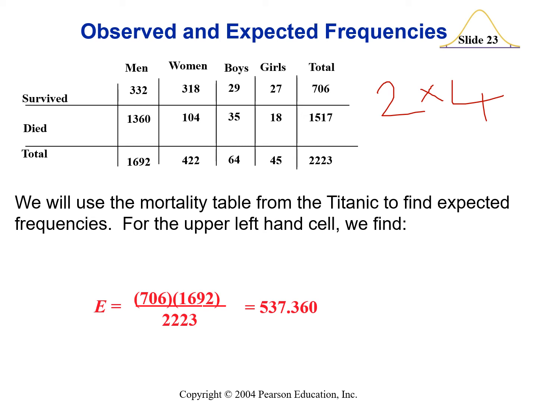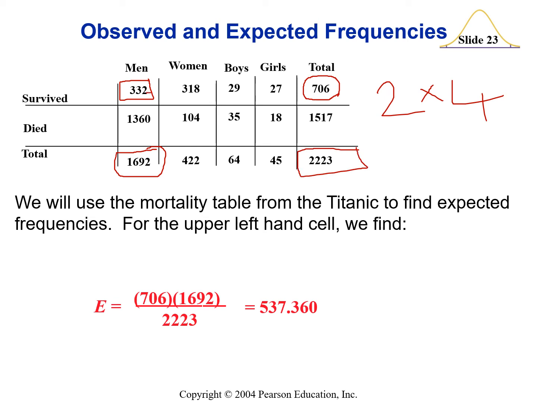For each cell, the expected is row total times column total divided by the grand total. Again, this is cell 1, which is men survived. So the expected for cell 1 is the row total, which is 706, times the column total, which is 1692, divided by the grand total, which is 2223.